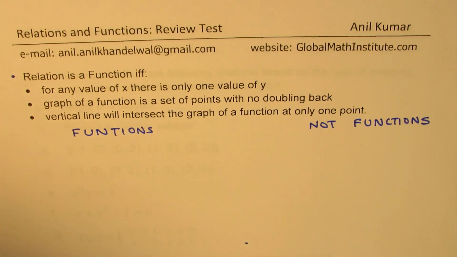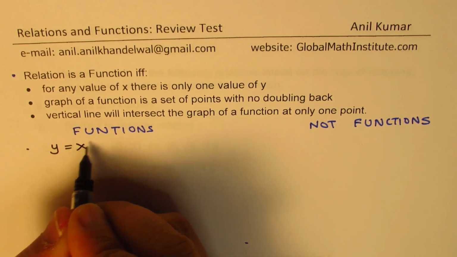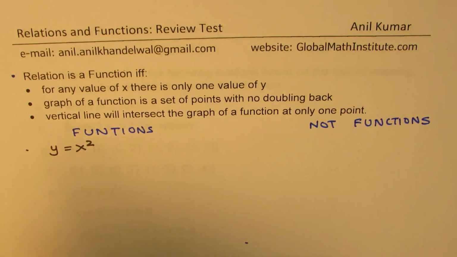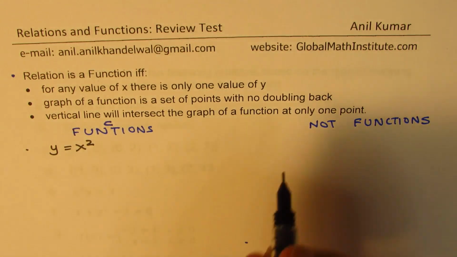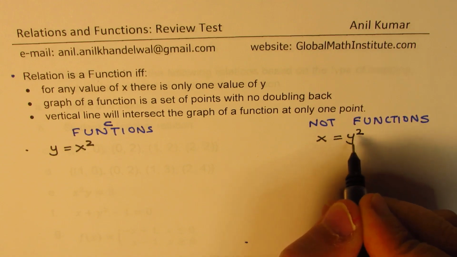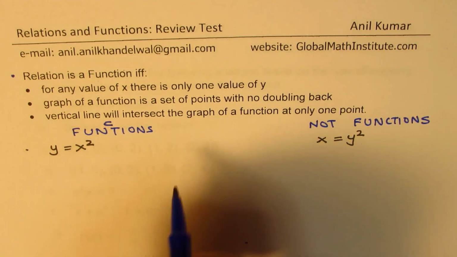To begin with, let's start with an equation. If I write y equals x squared, that is a function. However, if I write x equals y squared, that is not a function. Well, the reason is very simple.